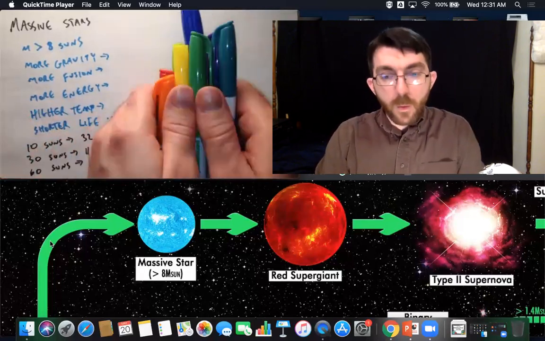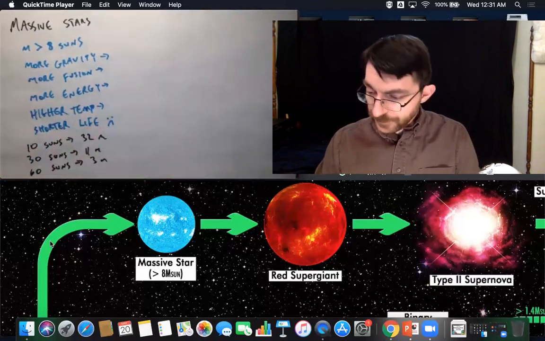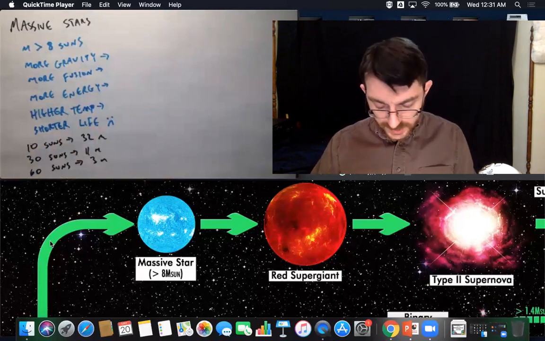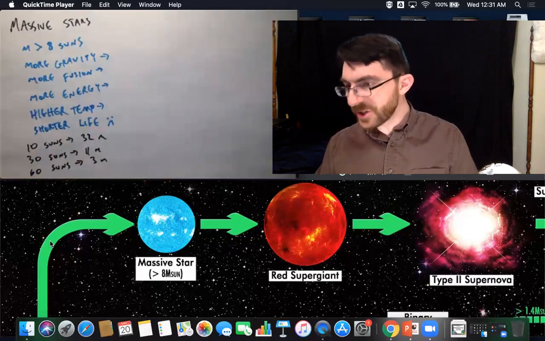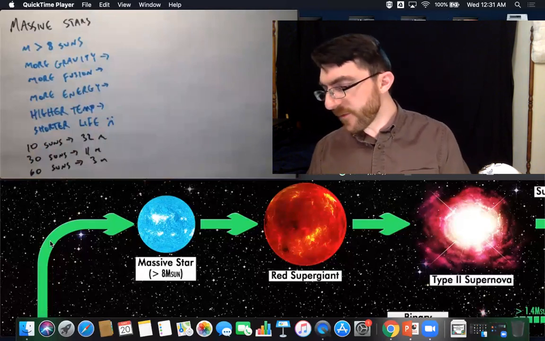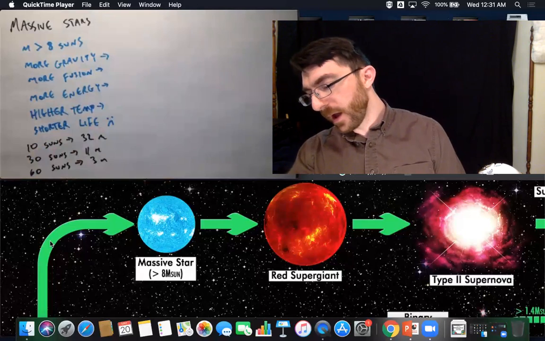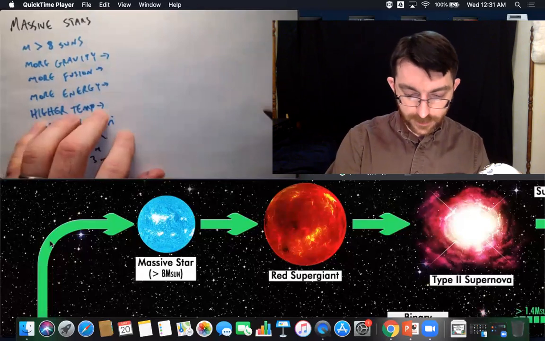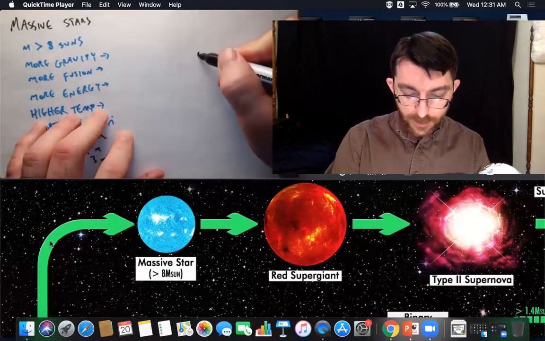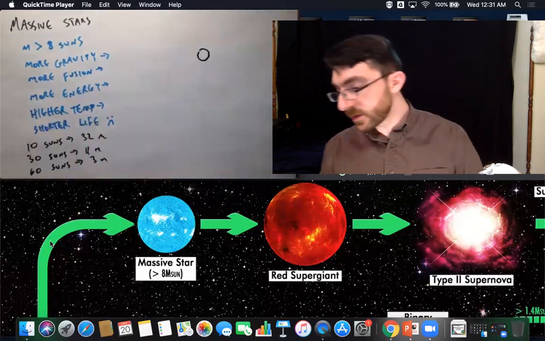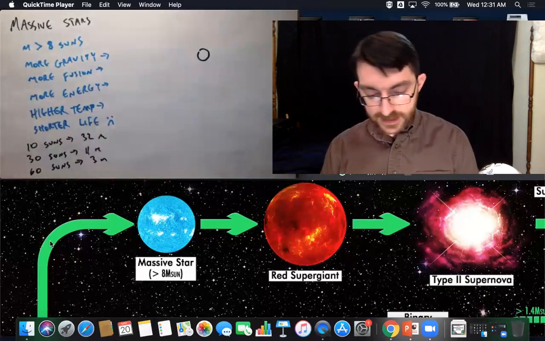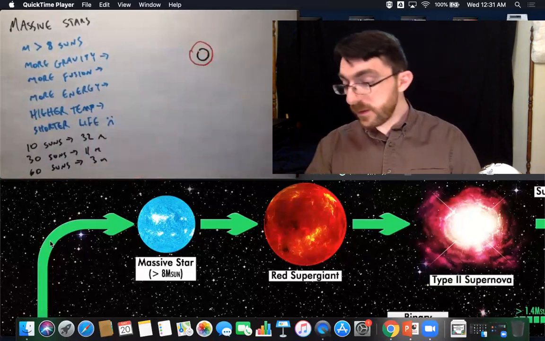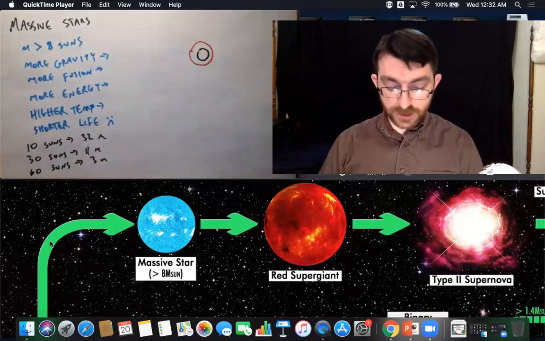Okay, when it comes to these massive stars, because they are so dense, the distinction between the layers, like having a core and the non-core, is not quite so even. You have a core, but then you have layers of decreasing density where the core is not the only place dense enough to cause fusion.